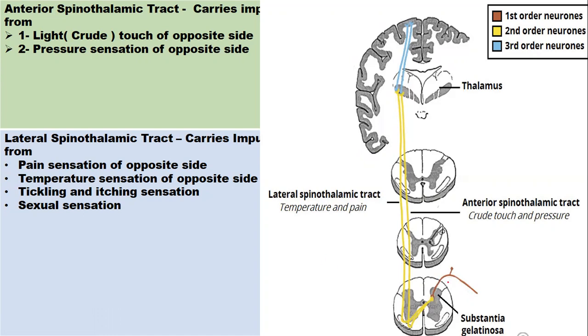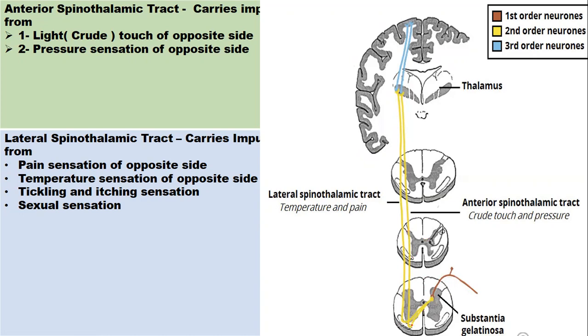Our axons come in through the dorsal root, then enter the spinal cord, and synapse with the posterior horn cell on the second order neuron on the same side, and then it moves upwards.